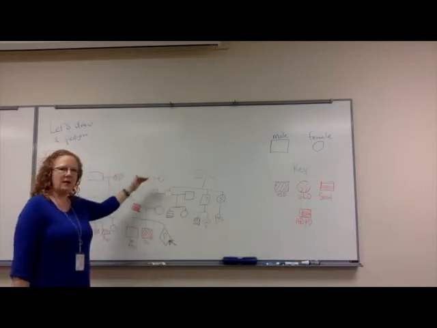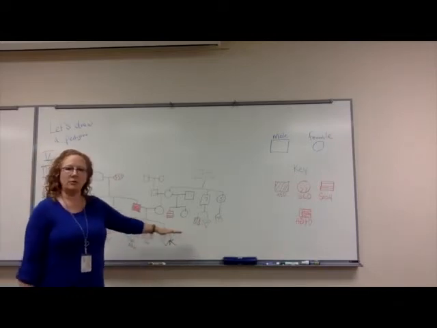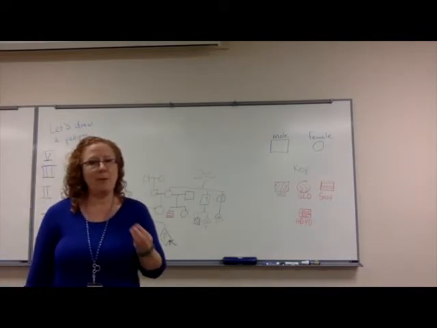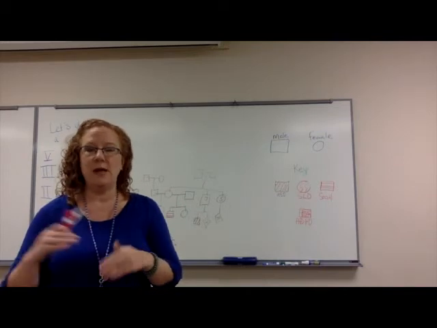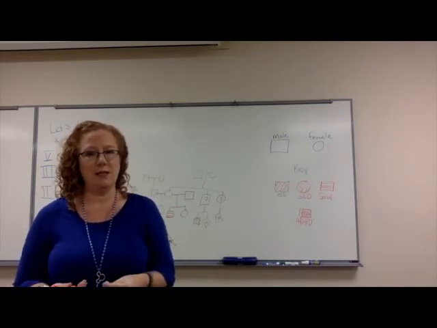Are we seeing a dominant pattern problem, or are we seeing a horizontal problem, which is recessive? And the reason we want to know this is because depending upon if it's a vertical problem or if it's a horizontal problem, it changes our risk factors and our associated problems that we might see with it.